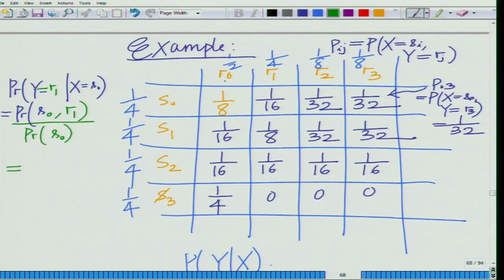Probability of S0 comma R1, for instance, is 1 by 16, divided by probability of S0, which is 1 by 4, equals 1 by 4. Remember, we are using the simple principle that probability of A given B is probability of A intersection B divided by probability of B. We already know the various joint probabilities.